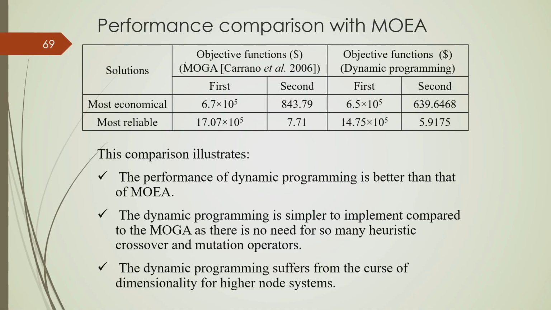This is the comparison with the multi-objective genetic algorithm, which I already showed you, proposed by this author in 2006 in an IEEE paper, and the result that we got for dynamic programming. We see that the performance of dynamic programming is even better, and it is also simpler to implement, but it suffers from the curse of dimensionality, meaning that when we have a higher number of dimensions in a problem, it takes a very long time to execute.